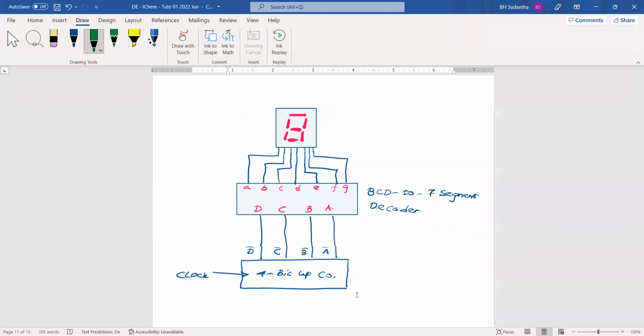Anything coming from this one? Okay, if you don't have any questions, we can finish this.